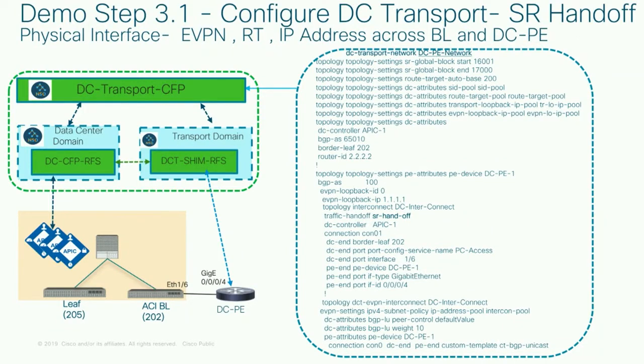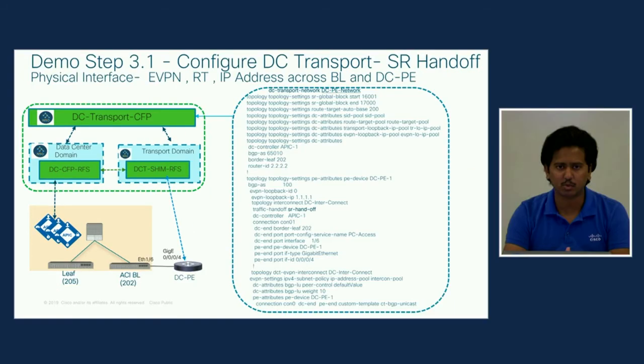As part of the configuration for DC transport SR handoff, we are using the resource pools that were pre-created. We will associate the resource pools to the topology, and have the topology settings for the ACI border leaf and the PE connection to set up the BGP, EVPN, and the LU session.